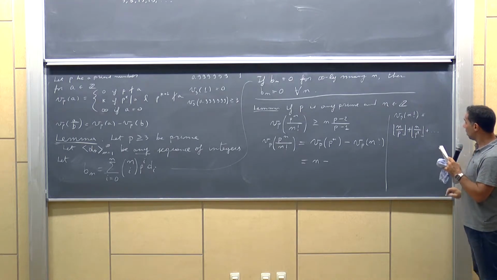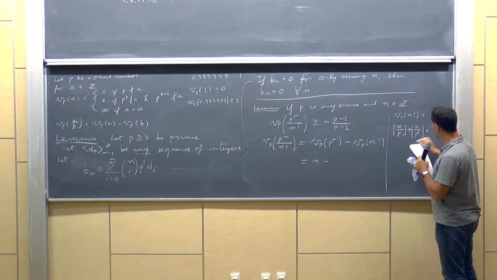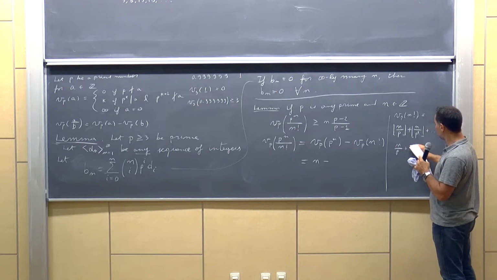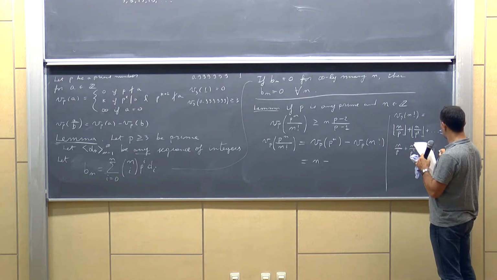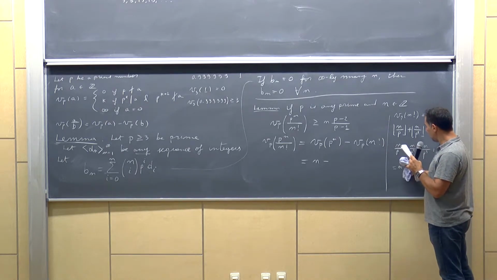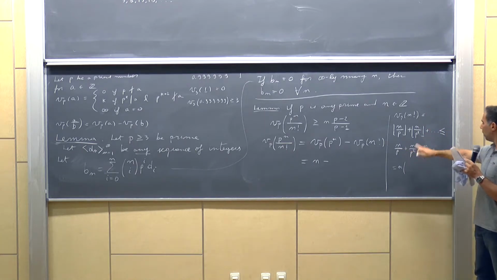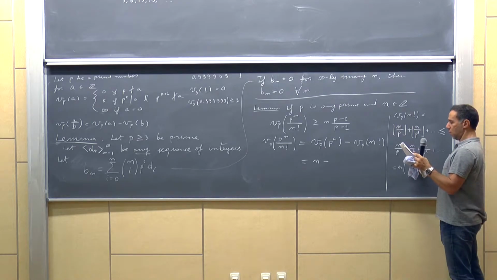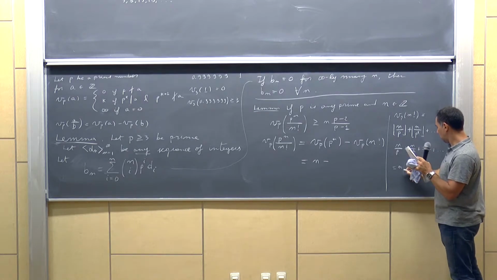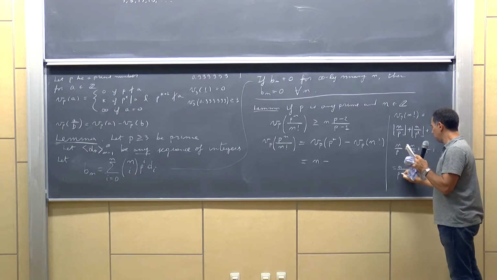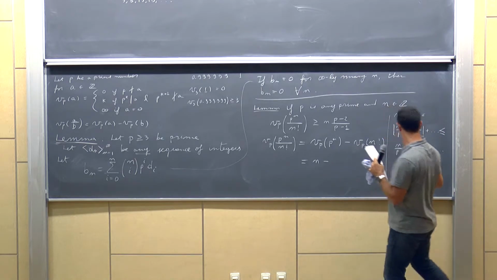Plus dot dot dot, and that is less than or equal to n over p, dropping the floors, plus n over p squared, plus n over p cubed, plus dot dot dot, which is equal to n times (1 over p plus 1 over p squared, and so on), which is n over p minus 1, because you have a geometric series, right?